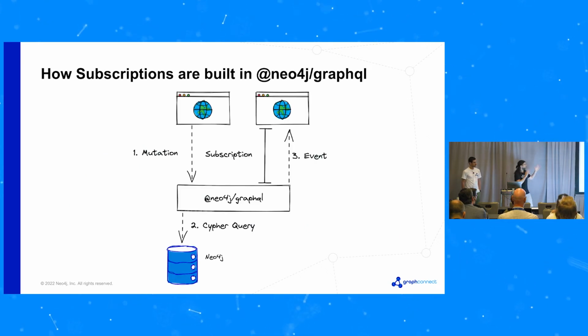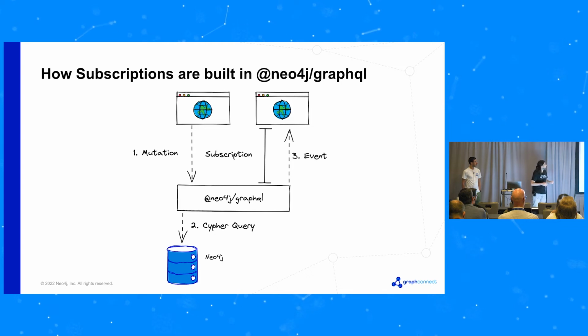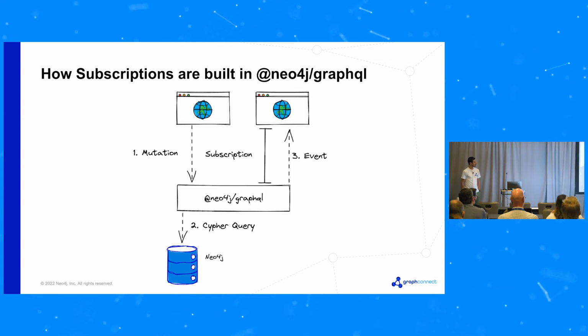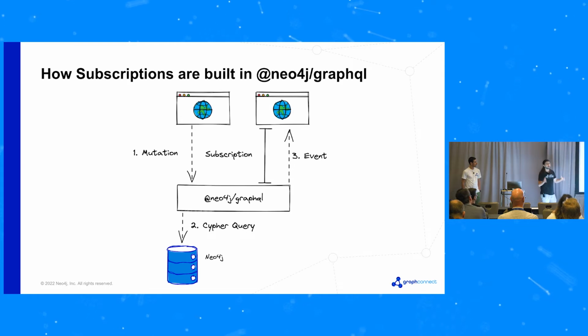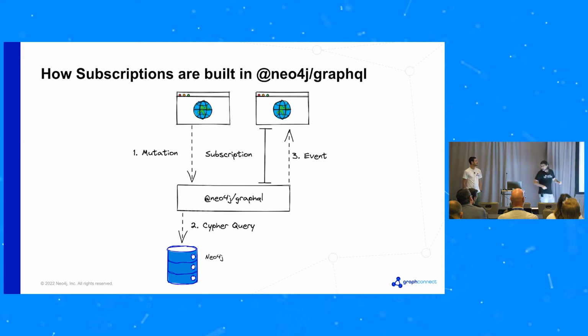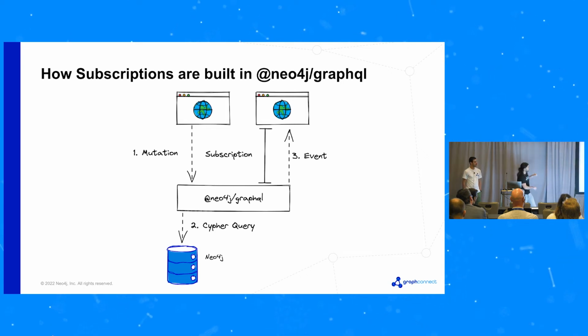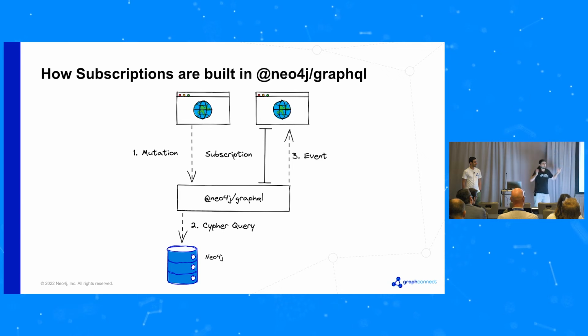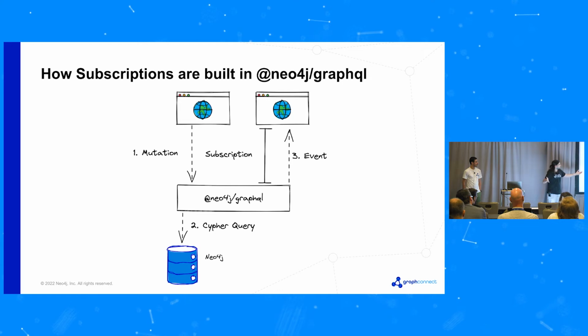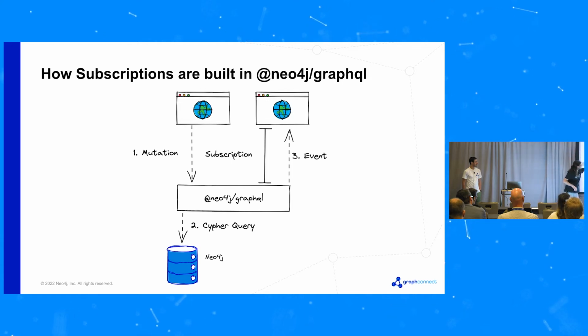So how is this achieved exactly in the Neo4j GraphQL library? In this example, in this lovely diagram, we have our server right here, which is basically running the GraphQL server, and it has the connection to the database. And then we have two clients. One of them, the client on your right, has a subscription that they opened at some point, and then at some point in time, a second client performs a mutation.